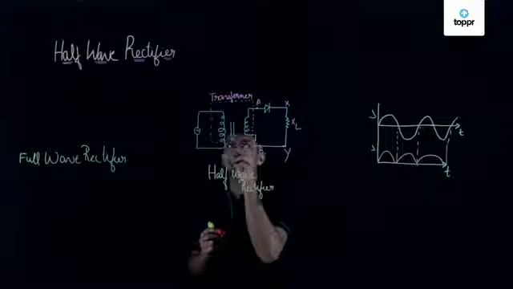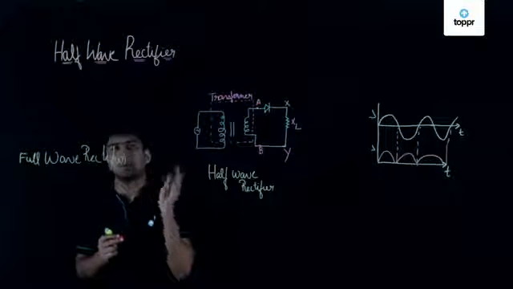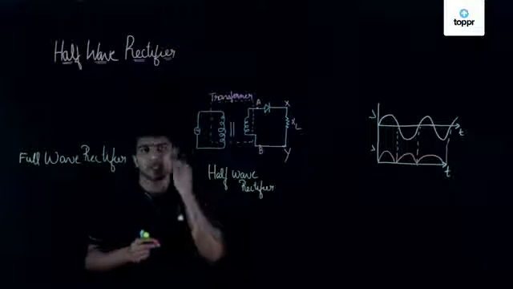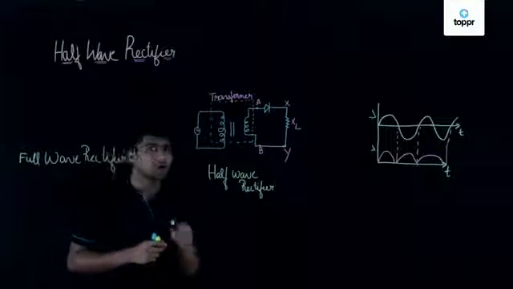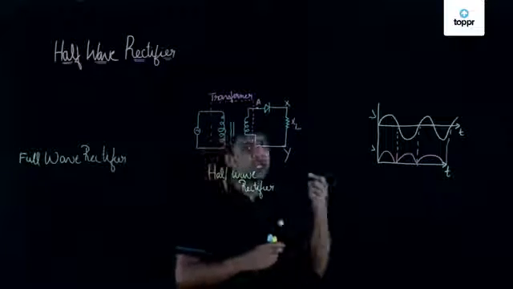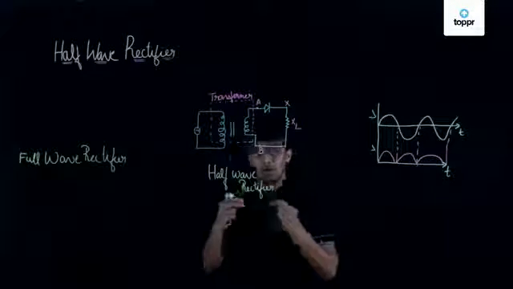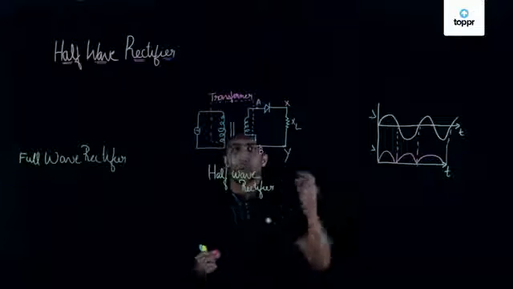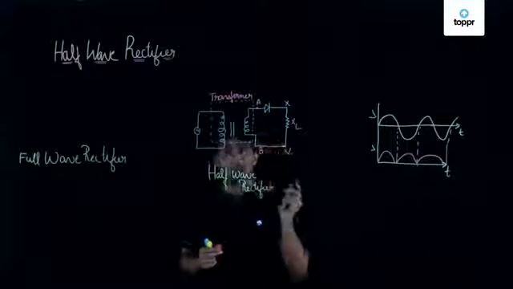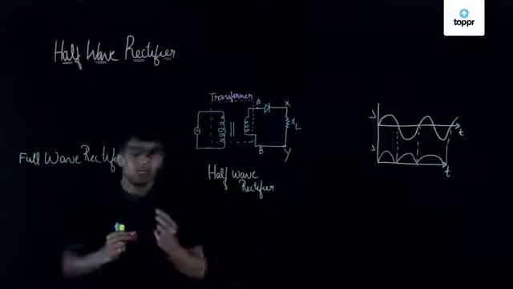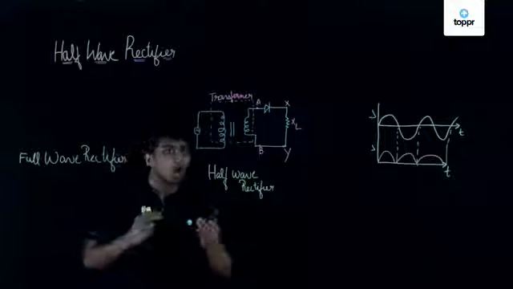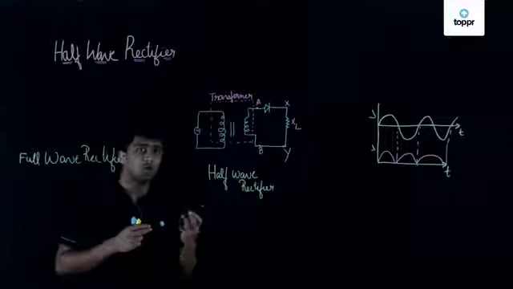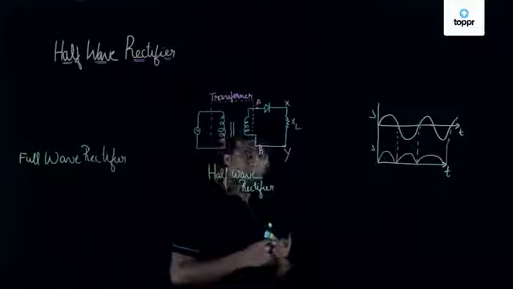So by using a half wave rectifier, we can rectify the alternating voltage with a PN junction diode, but at the same time we are not getting the exact output which we want. We will get only half of the input which we gave. So people started to think about how to improve this output to convert it into a full wave.